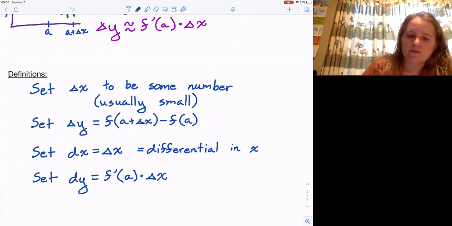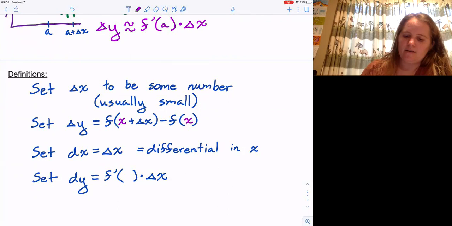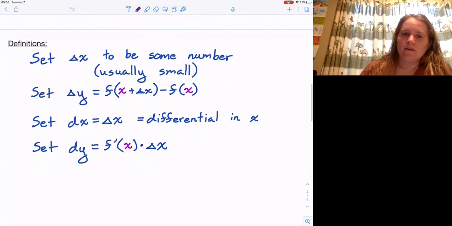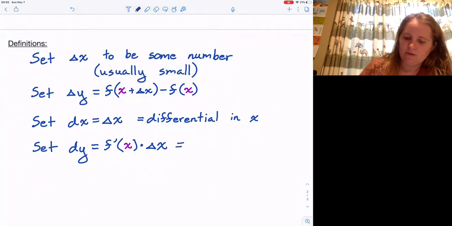And in fact, I'm going to swap out these a's now, and instead of using a's, we'll just use x's. So putting in an x instead in all of those locations, we'll do f of x plus the change in x minus f of x. And then dy will be f prime evaluated at x times the change in x. Okay. This again will be a differential in terms of y.